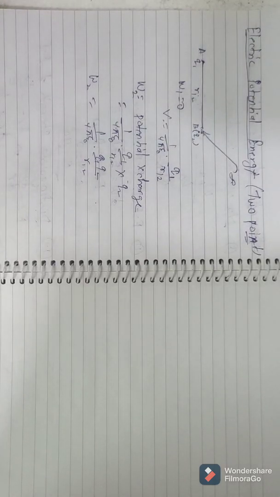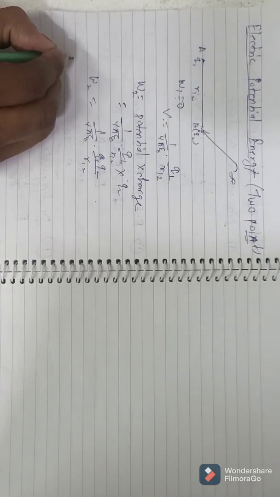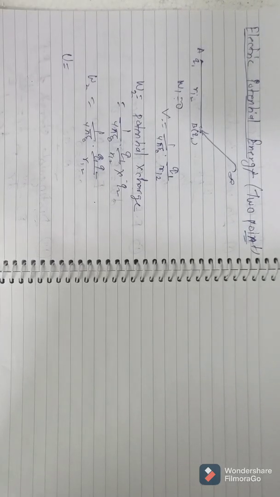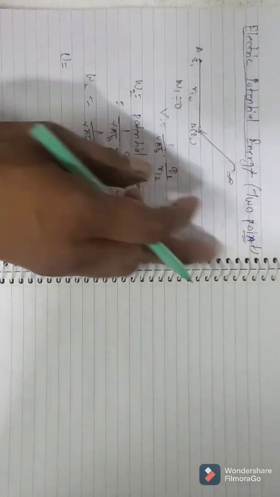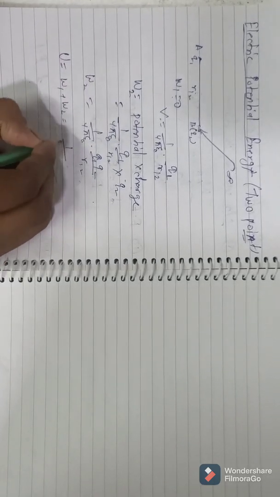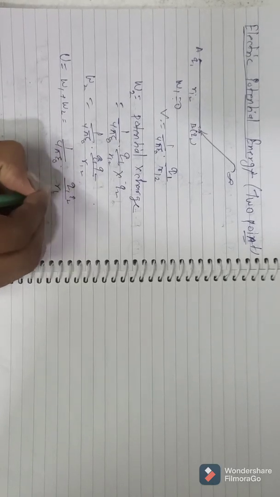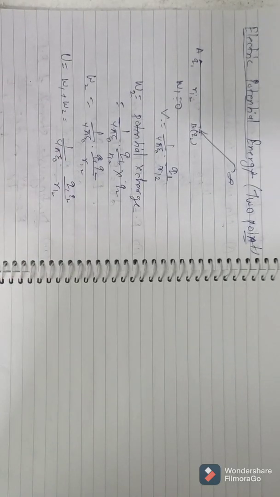The work done to bring the first charge was 0. So the total work done, which is termed the electric potential energy of a system of two point charges, will be W1 plus W2, which is equal to 1 by 4 pi epsilon naught q1 q2 by r12. This is the potential energy of a system of two charges.